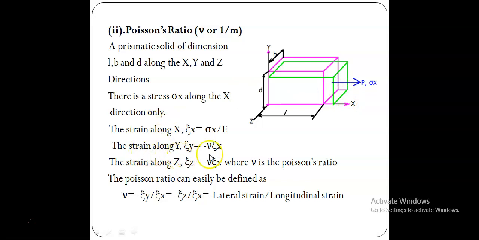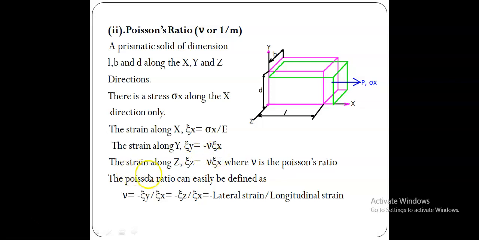Yes, so that is given here. The strain along y direction, along the lateral, epsilon y is equal to minus nu into epsilon x. So this strain is determined in terms of the linear strain, that is minus nu into epsilon x.